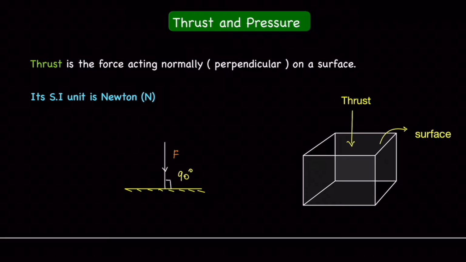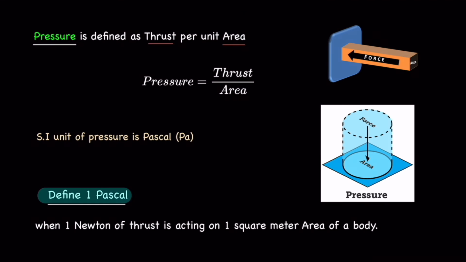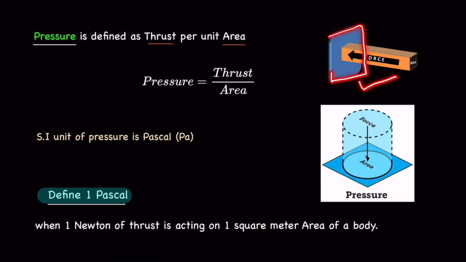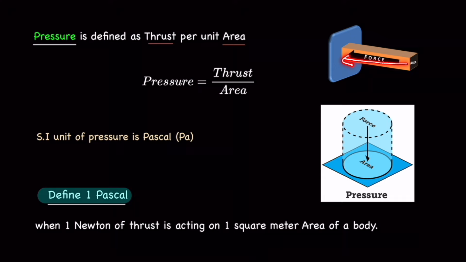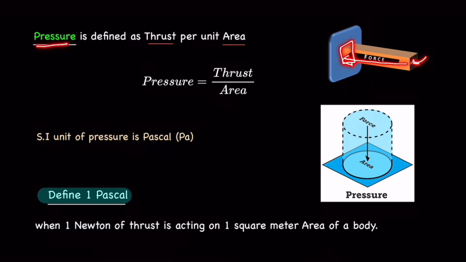Let's study about pressure. As you see in this figure, this is the surface and we are applying force on this surface. When we apply the force, it will cover a certain area of the surface. Like this is the area. So pressure is defined as thrust per unit area.